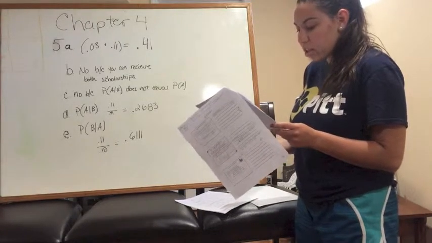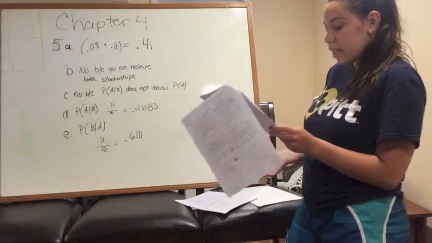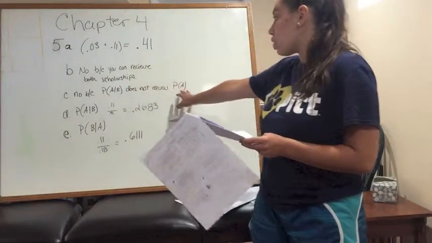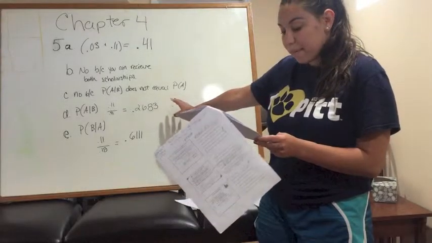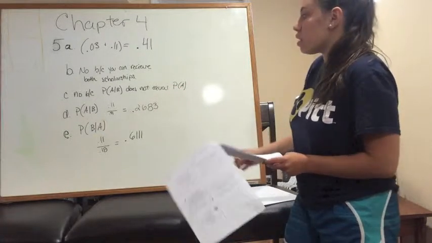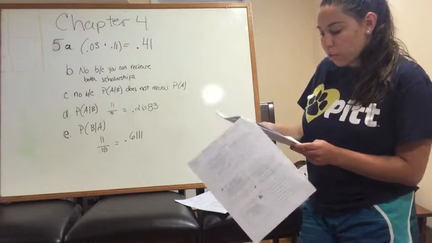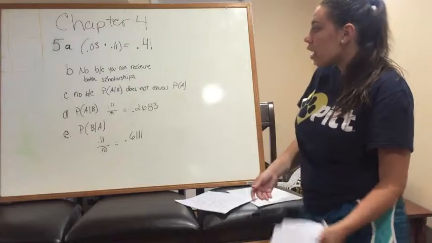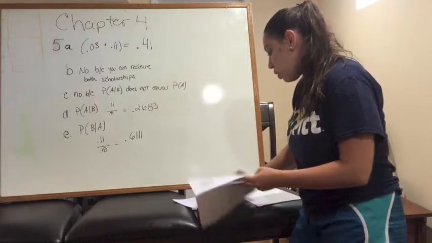So if 2 events are independent, it means that the probability of A given B equals the probability of A, and also the probability of B given A equals the probability of B. For those 2, that is not true, and that's kind of explained in the other 2 examples.